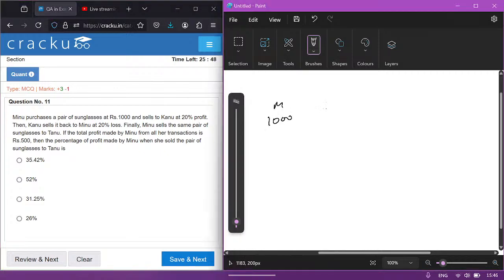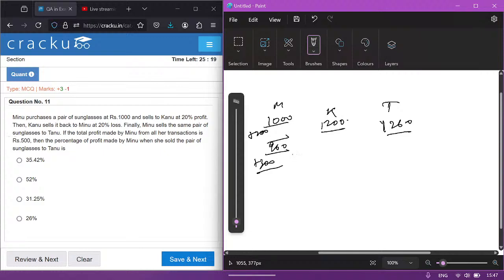Minu purchases for 1000, sells it to Kinu at 1200. Kinu sells back to Minu at 20% loss. So this 20% loss is 960, bought again. 960, the same pair sold to T. All the transactions total 500. So because it is plus 200 here and plus 300 here, T should have bought at 1260.